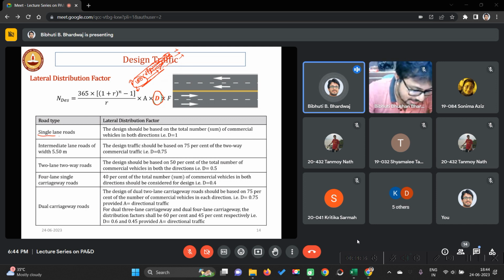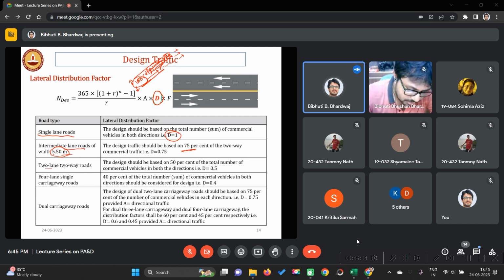For single lane roads, D will be 1 itself. That means all 100% of the vehicles you need to consider. If it is an intermediate lane, that means it is not double lane but it is wider than your single lane roads, generally 5.5 meter, then you need to consider 75% only. That means you put D as 0.75.